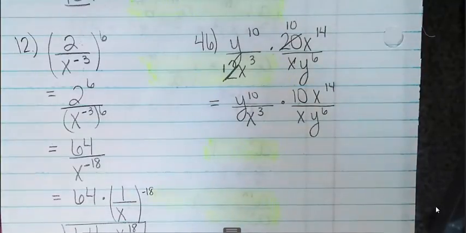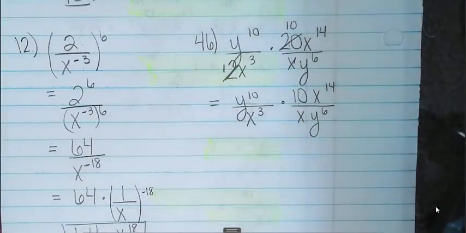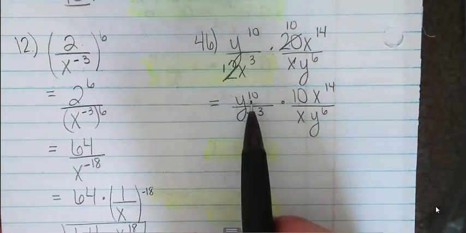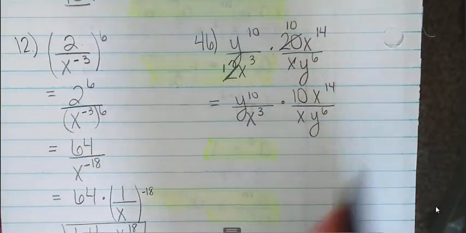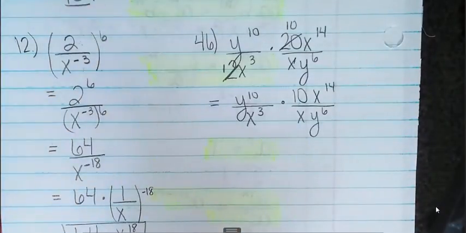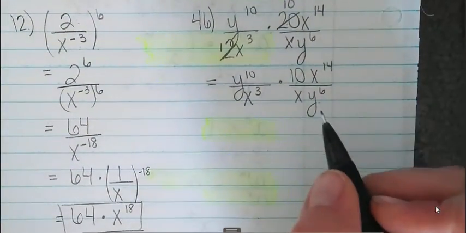And again, there are several ways that we can go about doing this. For me, I like to simplify before I multiply across. And that can get a little bit confusing sometimes. But the other way is you can multiply straight across and get one number. So why don't I look at this both ways for you, okay?